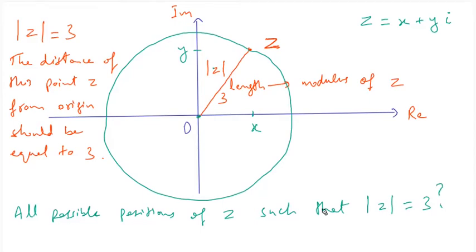आपने ये find करना है all possible positions of z such that the modulus of z equals 3. This implies that the distance from origin is equal to 3. Okay? So that's fixed distance from a point. So remember your O-level locus, fixed distance from a point. आप एक circle के ऊपर कहीं पे भी हो सकते हो.